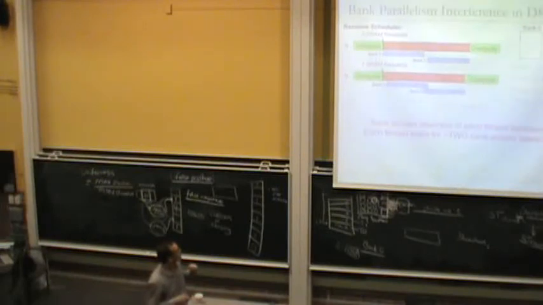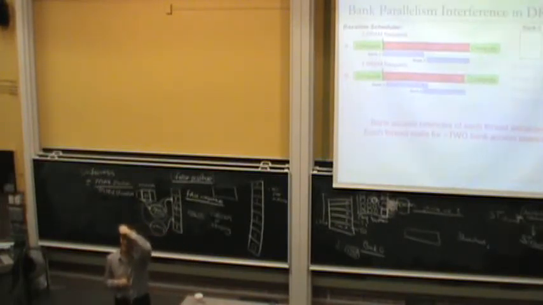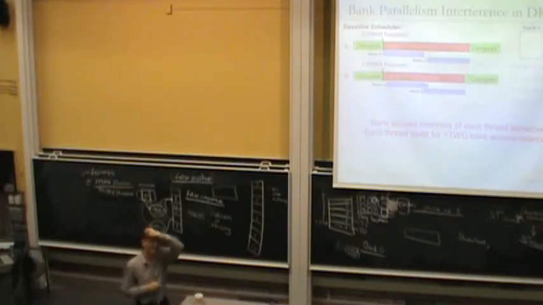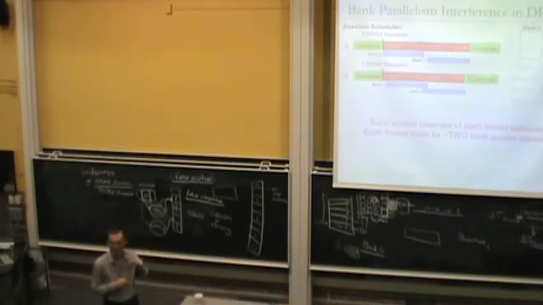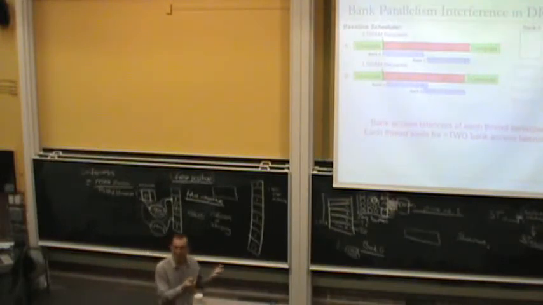Now this is bad, right? The controller could have done something smarter. Is that true? Yes, it could have handled. That's right, exactly. So the controller was not aware of threads. That's why it handled these requests in the order they were generated.